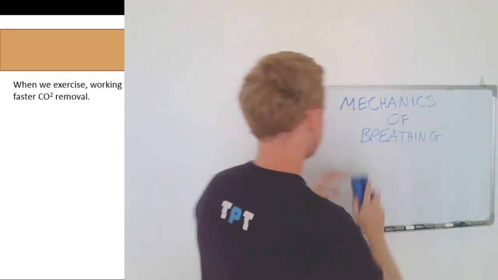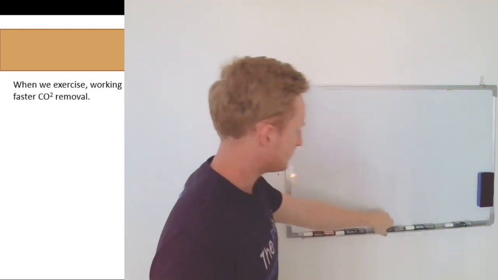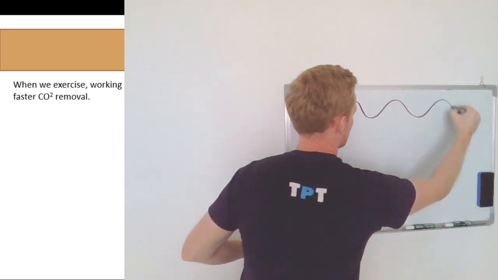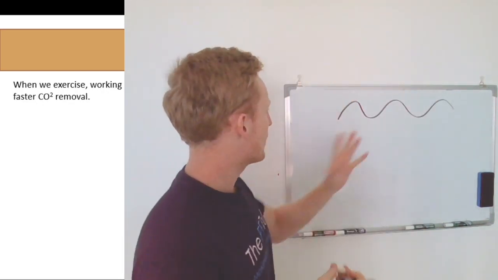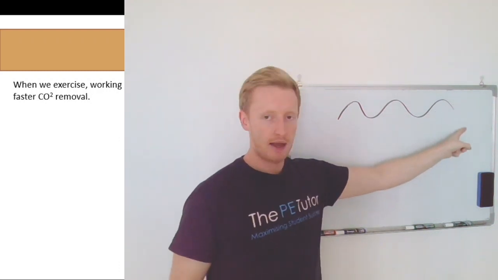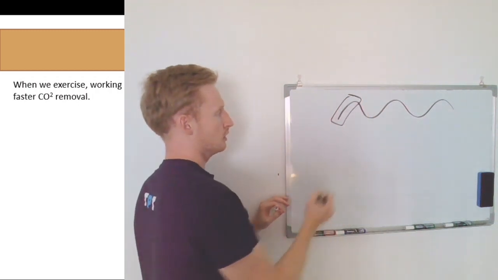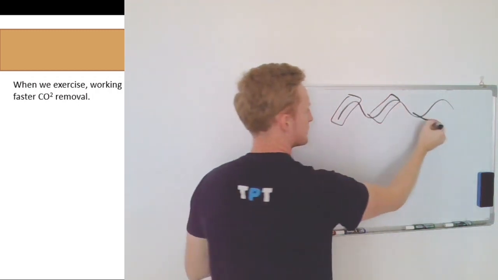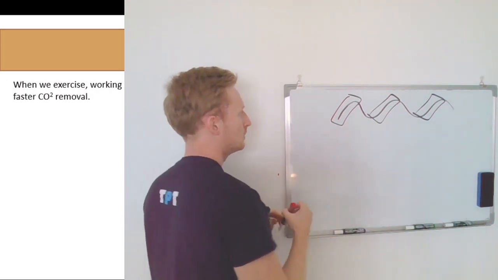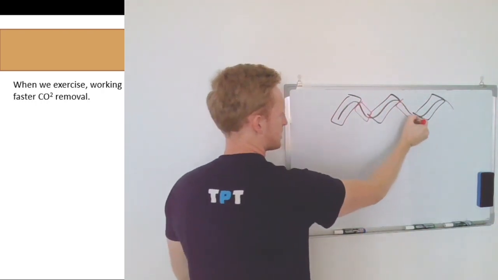Imagine, and we will look at spirometer traces in a different video, a wiggly line represents our tidal volume, our regular breath in, out, in, out, in, out. We can't start a new inspiration, which are these upward curves, until we have completed the expiration phase.